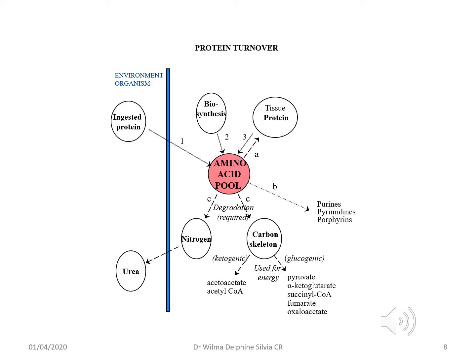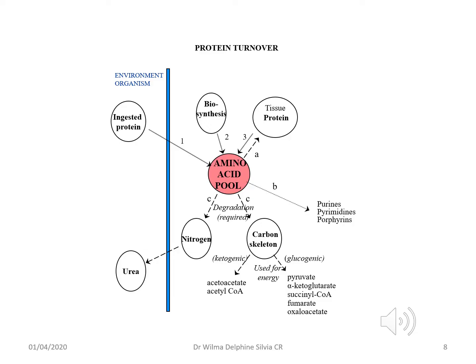The utilization of amino acids from the amino acid pool directly for the synthesis of purines, pyrimidines and porphyrins. And the degradation of amino acids releases nitrogen and the carbon skeleton. The nitrogen of the amino group of the amino acid is detoxified to form urea and excreted from the body.